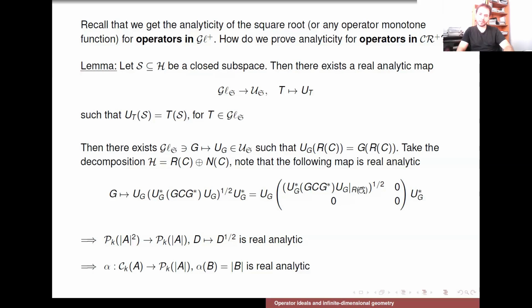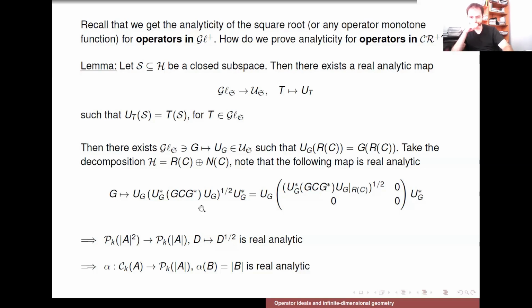So we can apply our previous results in this set. So we get a factorization in these three factors, and each one is real analytic.